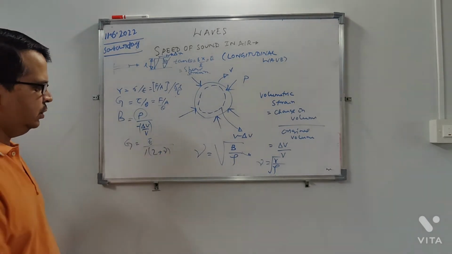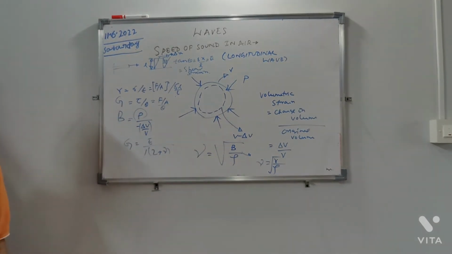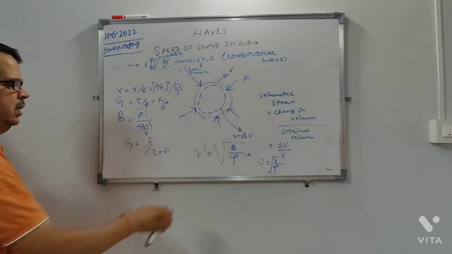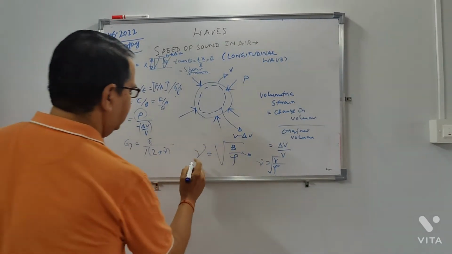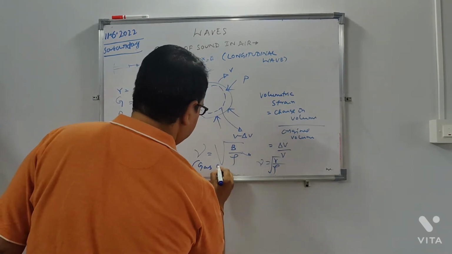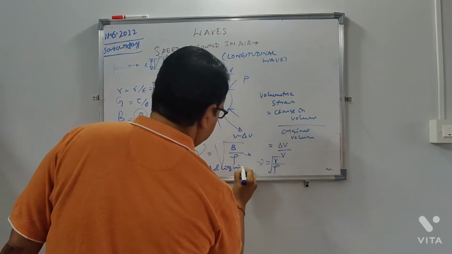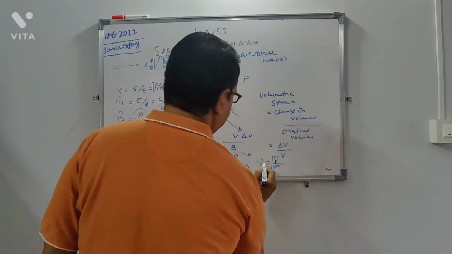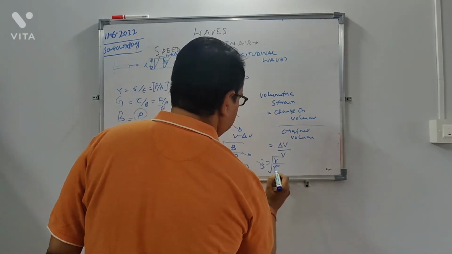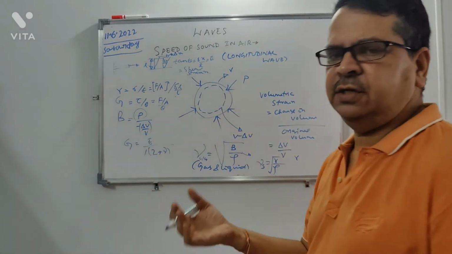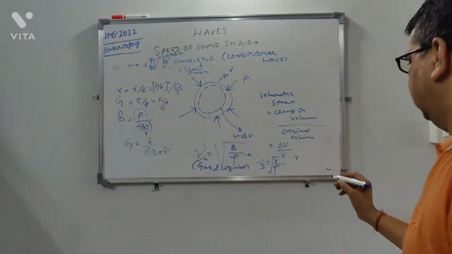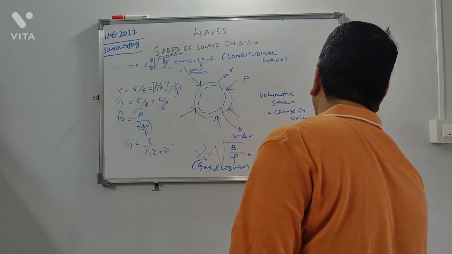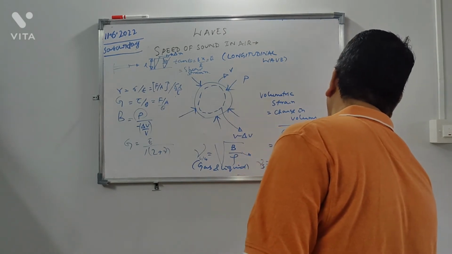So the velocity is equal to the square root of bulk modulus by density in the case of gas and liquid, and for solid it is Y, the Young's modulus, because in solid there is no meaning of bulk modulus.